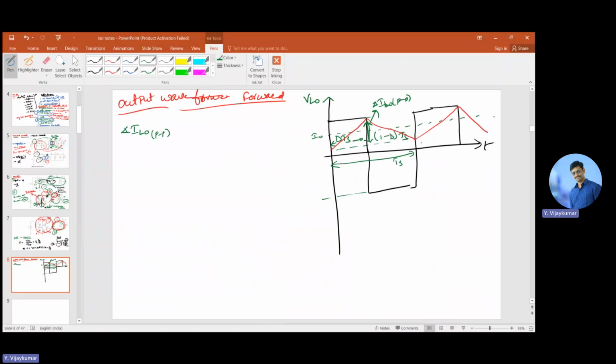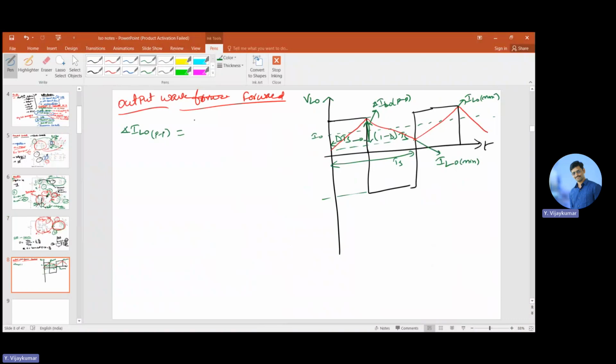This is the minimum value, IL naught minimum, and this is IL naught maximum. This is the change in value, which is why I have taken delta IL naught peak to peak.